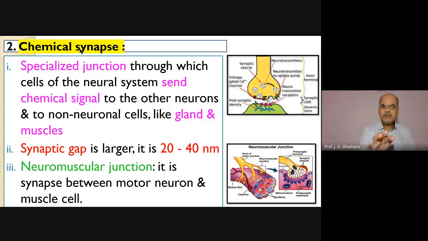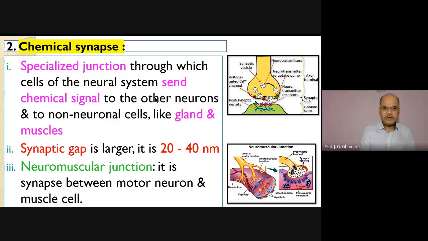This type of junction is called a chemical synapse. I'll repeat, the specialized junction where the message is given in the form of a chemical signal either from one neuron to another neuron or from one neuron to a non-neuronal cell, either glands or muscles. As compared to the 3.8 nanometer gap present in the other one, here the gap will be a little larger, that is 20 to 40 nanometer.